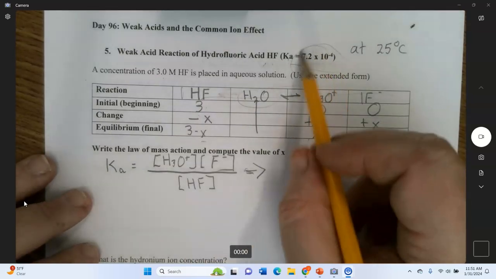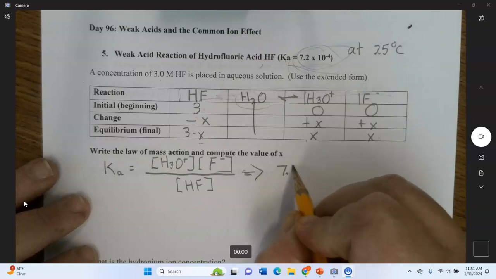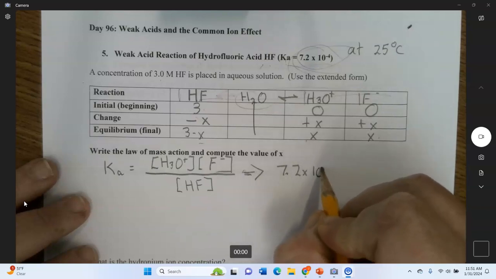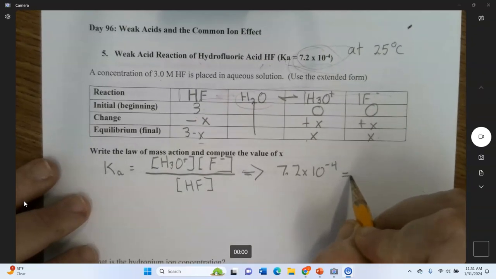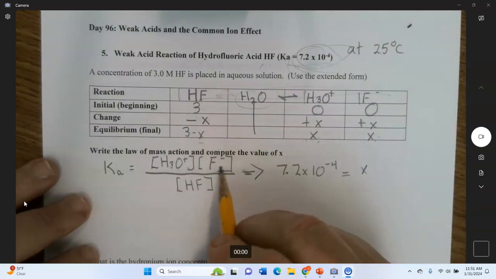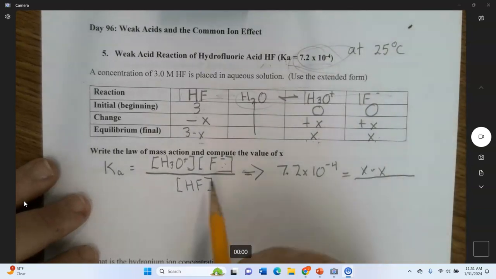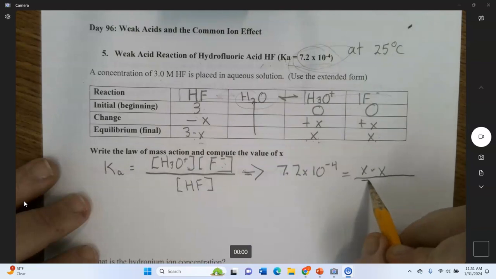And we'll go ahead and put the number in now. So it's 7.2 times 10 to the minus 4 equals x, the products on top, x times x, over 3 minus x.